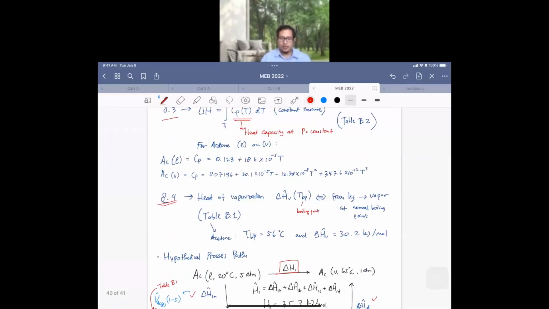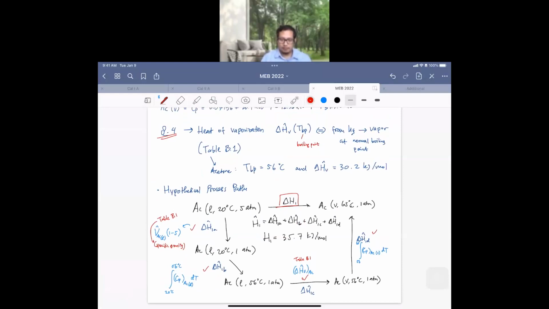Okay, so I think this hypothetical part is the essential part in chapter 8. So I need you to focus on how to get the idea on how to construct the hypothetical process path.